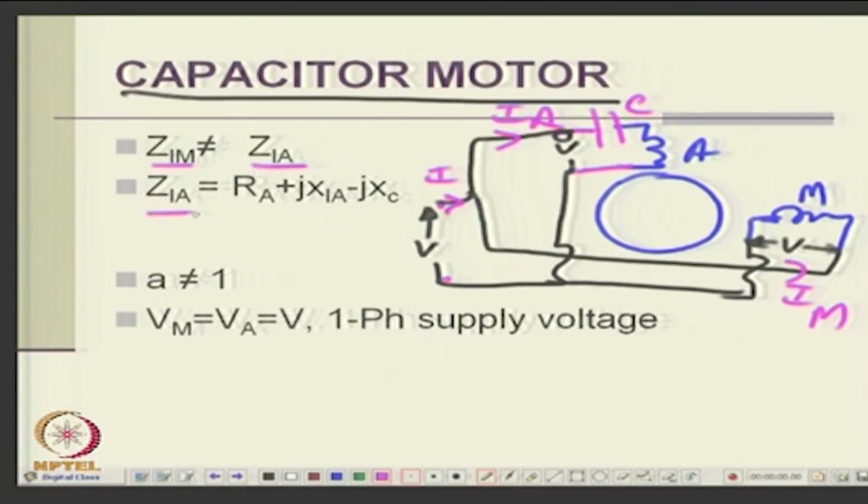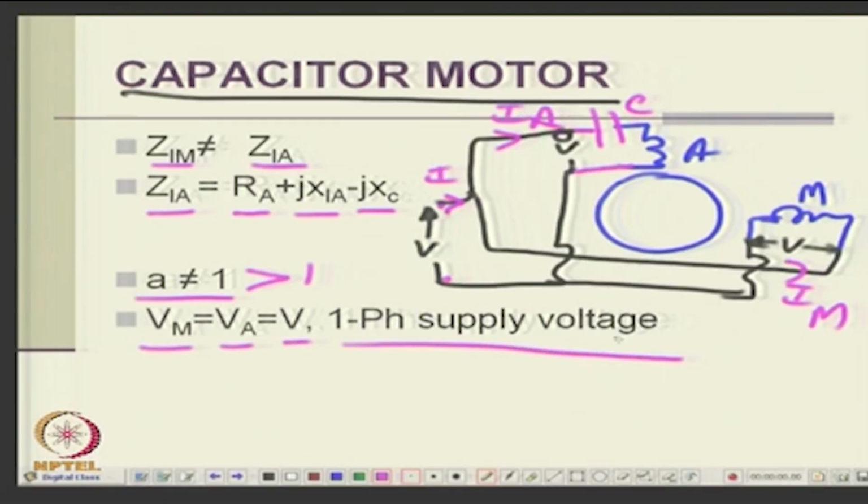But ZLA includes its own impedance RA plus jXLA, but it will also have minus jXC, it is capacitive. So, the impedance in the auxiliary winding will include the capacitance here, and of course, a is not equal to 1, it will generally be more than 1, and Vm equal to Va equal to V, that is the single phase supply voltage, no problem.